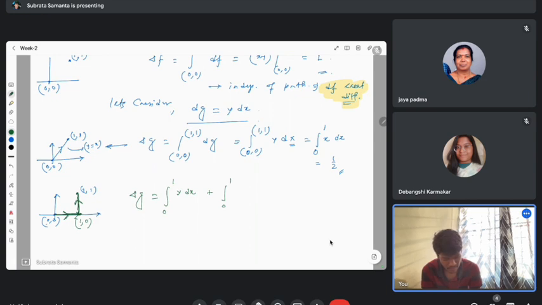In this path, y varies, so the y limit is 0 to 1, because the other is fixed. x is fixed at 1, but y varies from 0 to 1.